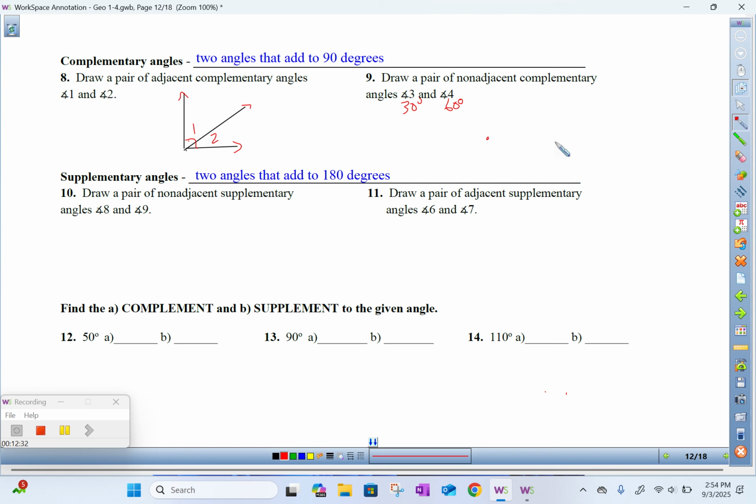Put a point in the middle, a point at 0, and a point at 30 degrees. I'm just estimating here, but I want you to actually measure it out. And then we're going to form that angle. They wanted you to call this angle 3, and that we measured to 30 degrees. Then we're going to do another one that's 60 degrees over to the side so that it's not adjacent.